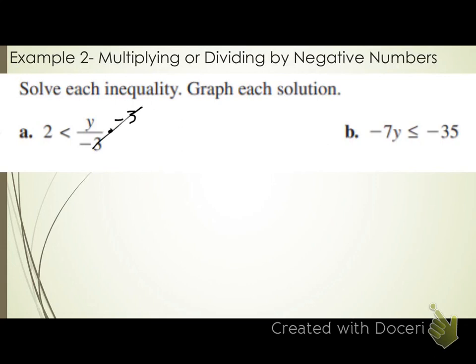Multiply by negative 3 on both sides. Negative 3 times 2 is negative 6. I've got y on the left. Symbol flip or stay? Why does it flip? Both sides of our inequality got multiplied by a negative number, so we have to flip our inequality symbol.